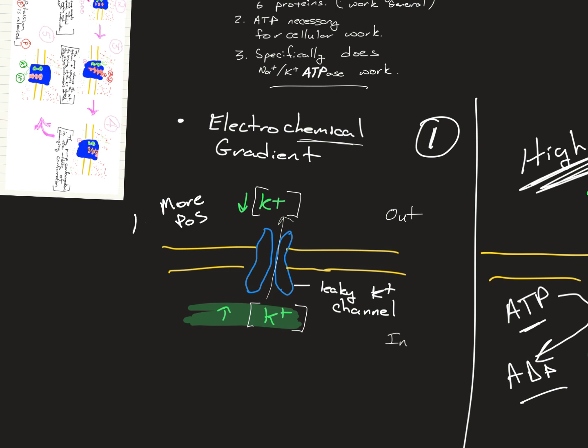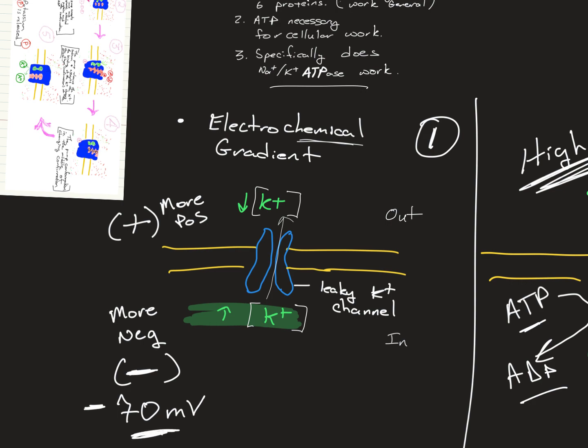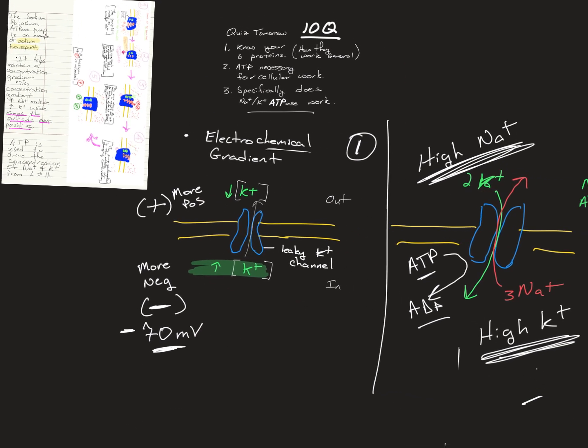So let's just put a big plus sign here. And on the inside, it's more negative. And I believe I gave you in the notes and in class a number for that. By how much? The inside is negative 70 millivolts. That's the difference between the inside and the outside.